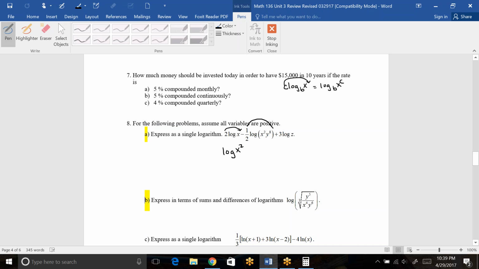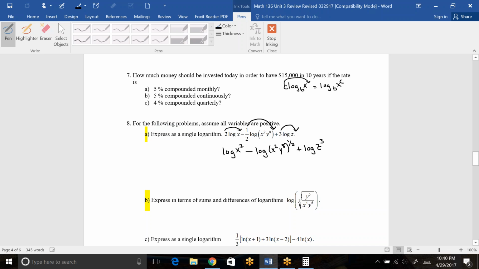This 1/2 also needs to go back on those, so that would be minus log of x squared y to the 8th, to the 1/2. I will apply that in just a second. And then this will be 3 on the z, so plus log z cubed.